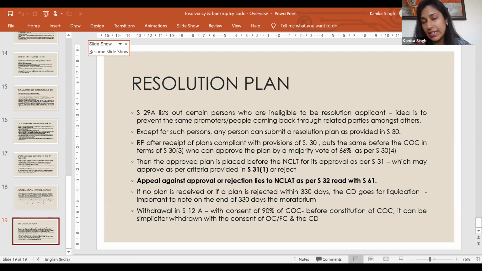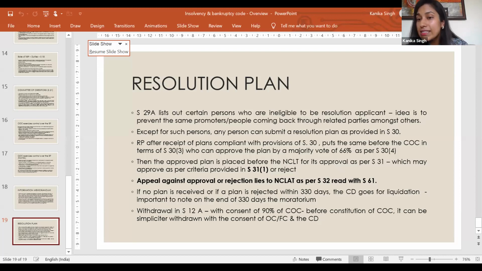The approved plan, in case the committee of creditors has approved it, is then placed before the NCLT for its approval under section 31. Now, section 31 provides that the NCLT can either approve or reject it. An appeal from this rejection will lie before the NCLAT under section 32, read with section 61.